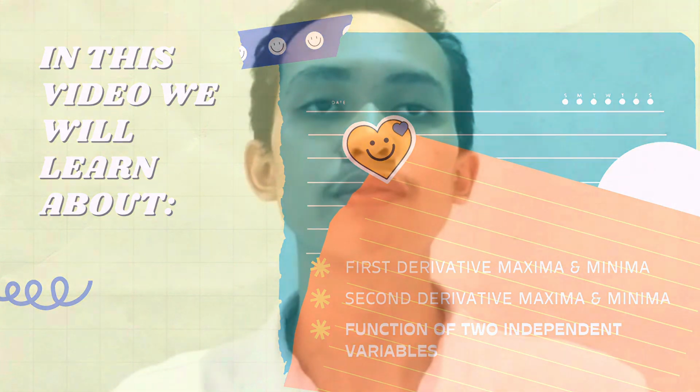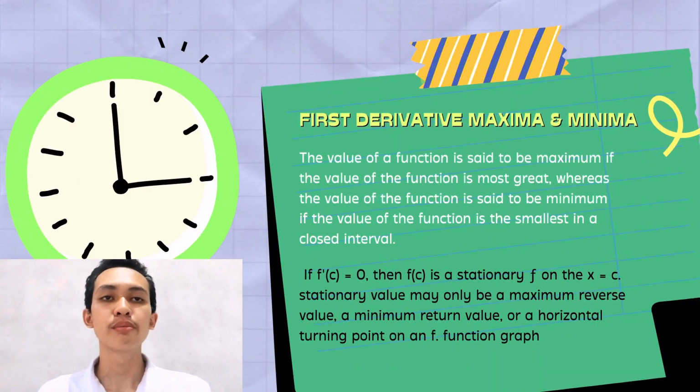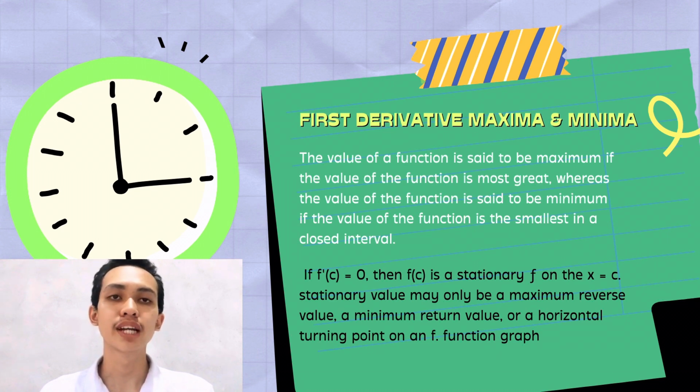The value of a function is said to be maximum if the value of the function is the greatest, whereas the value of the function is said to be minimum if the value of the function is the smallest in a closed interval.